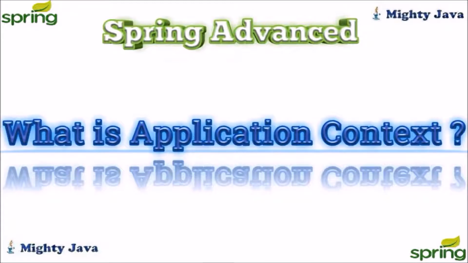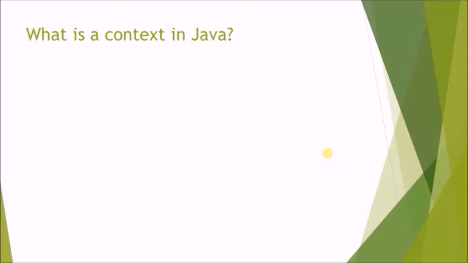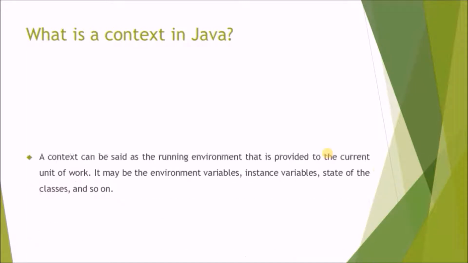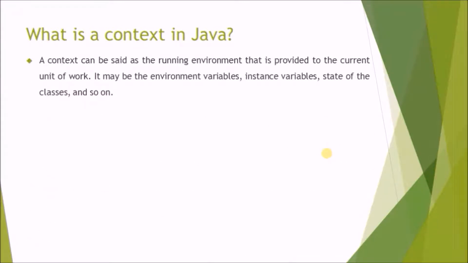In this video, we will see what is the role of context in the Spring Framework. What is a context in Java? A context can be said to be the running environment that is provided to the current unit of work. It may be the environment variables, instance variables, state of the classes, and so on.